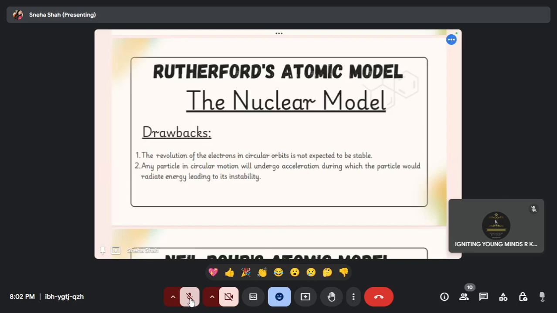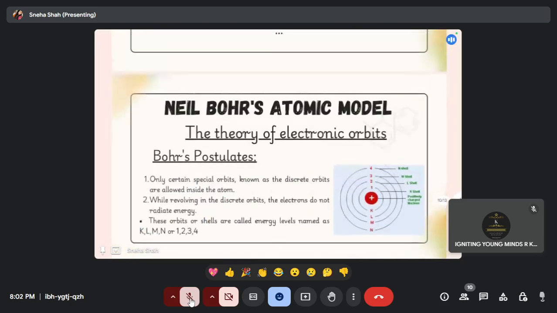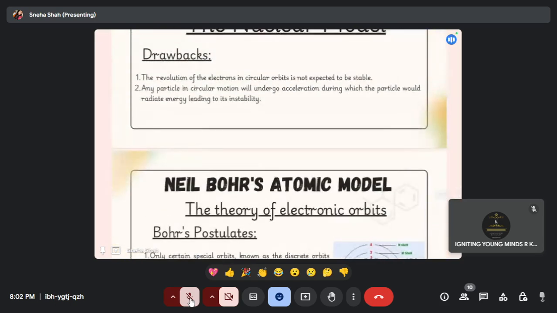To overcome these two aspects of Rutherford's atomic model, Niels Bohr came across. Niels Bohr accepted all the things that were given by Rutherford, that there is a nucleus, and there are electrons revolving around the nucleus. What he did was he gave a specific path. In that path only, the electrons will be able to revolve.